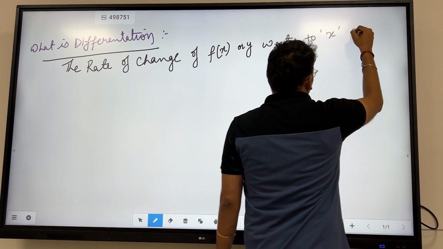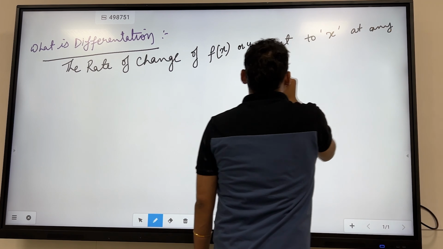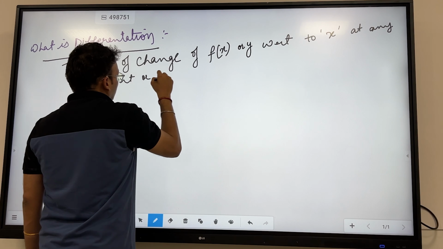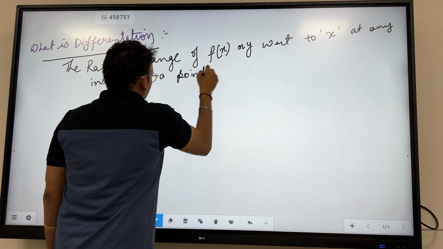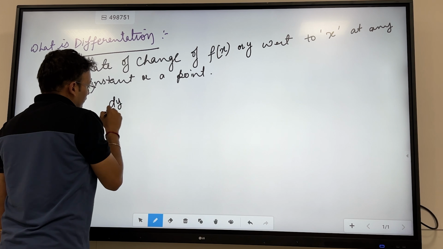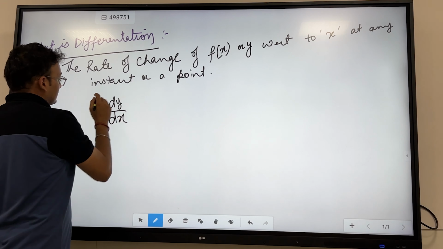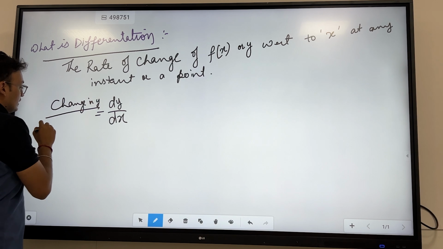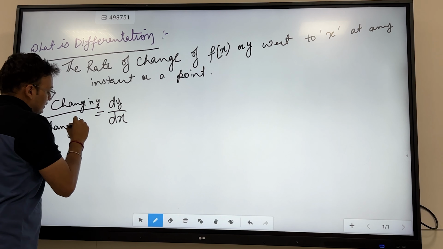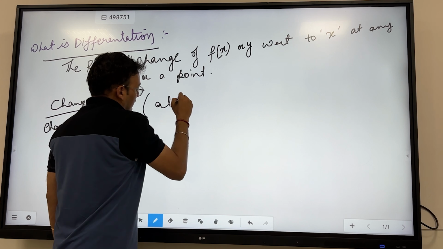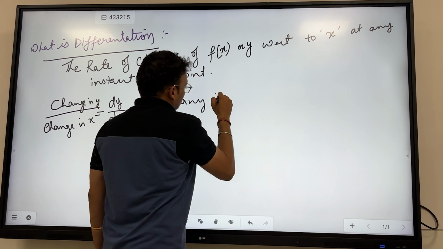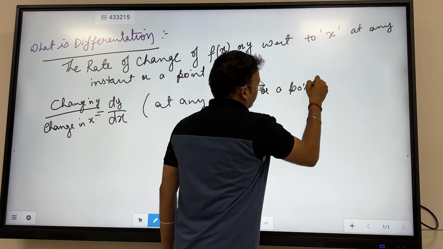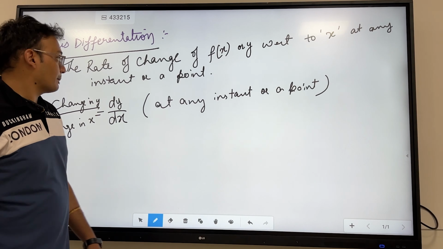With respect to x at any instant or a point. What does it mean? That means dy over dx, the change in y over the change in x at any instant or a point. Is it clear to you, students?